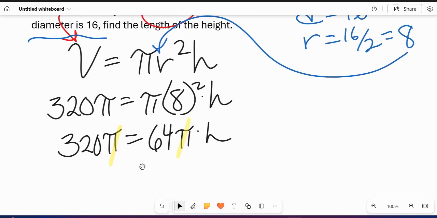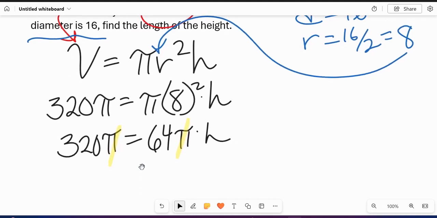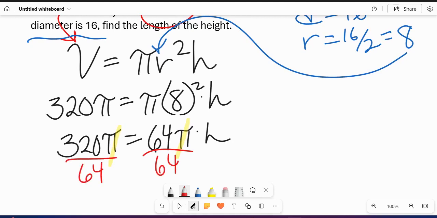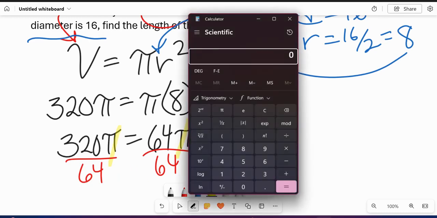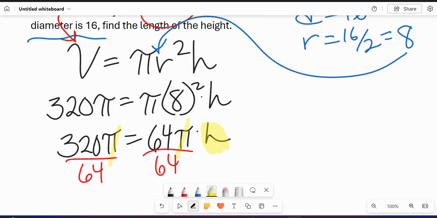So I'm going to divide both sides by 64. And that way my h will be isolated, and all I have to do is 320 divided by 64 is 5. So my height is 5.